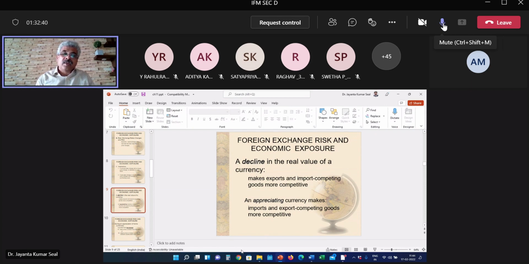So if the real value of the currency goes down, then you can export, and import becomes costly. So your Indian tea becomes competitive, and vice versa.